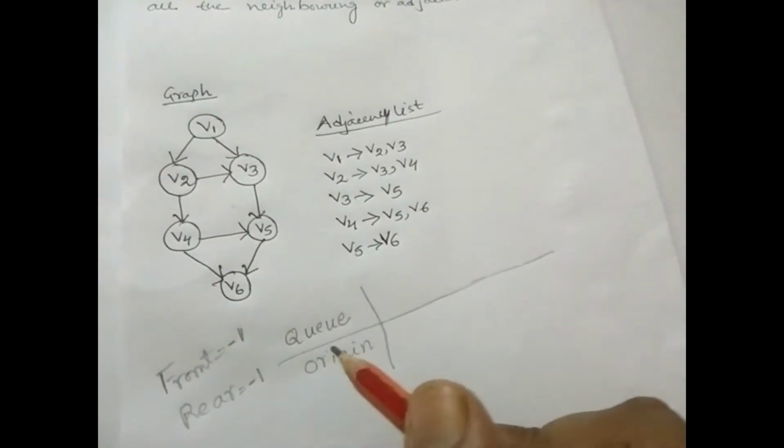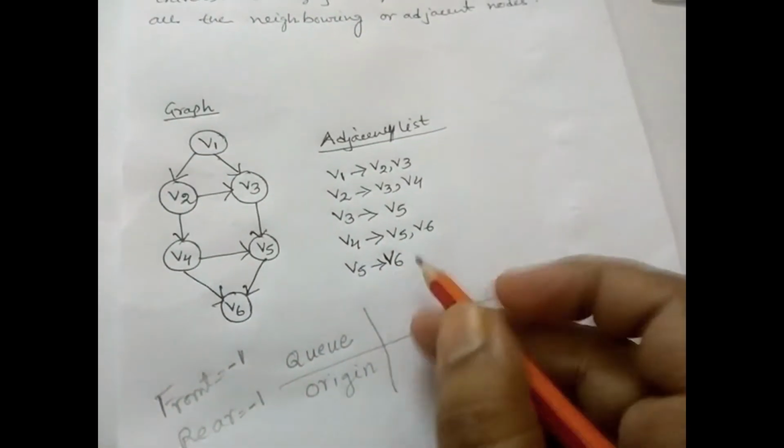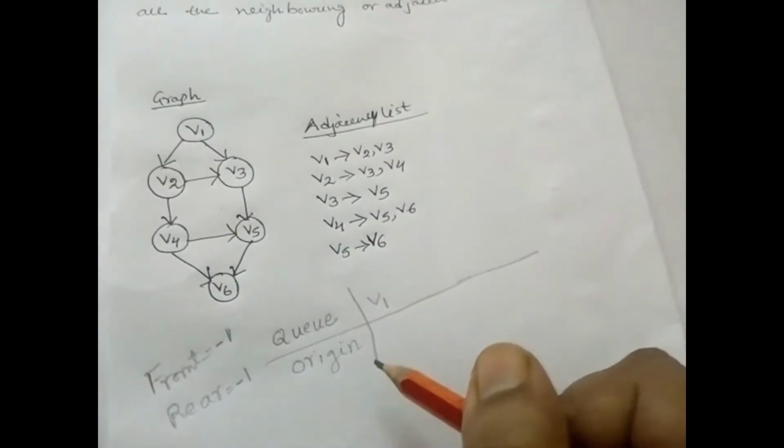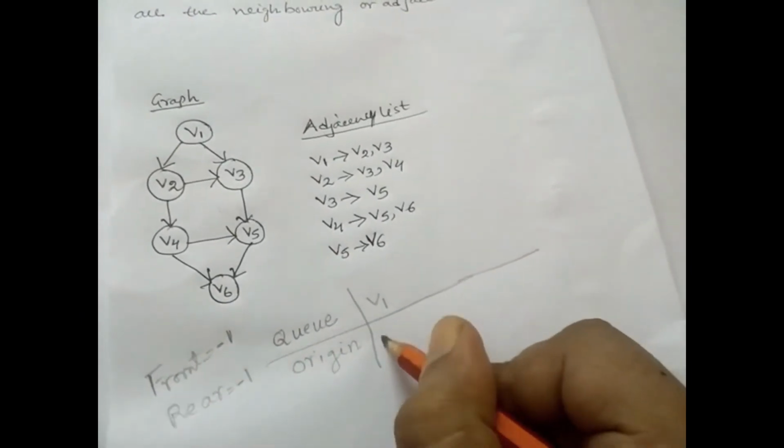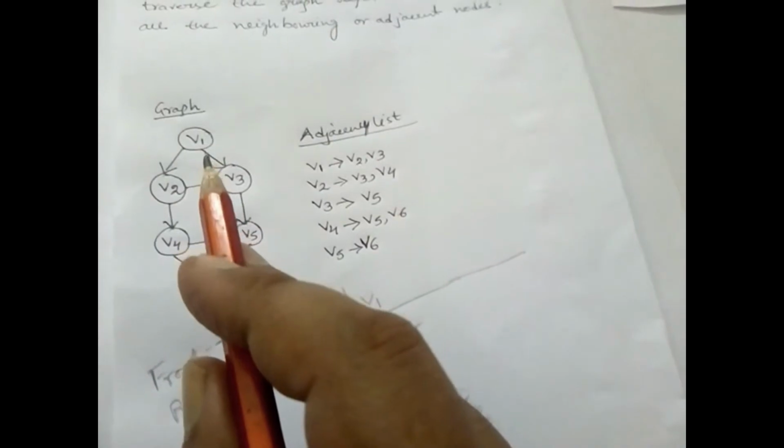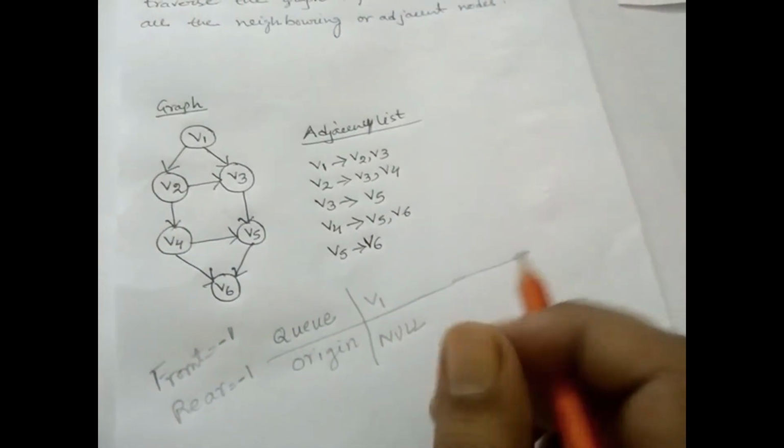Okay, so the source node is v1, add v1 to Q and add null to origin. Why null? Because v1 is the root node, and it has no parent.